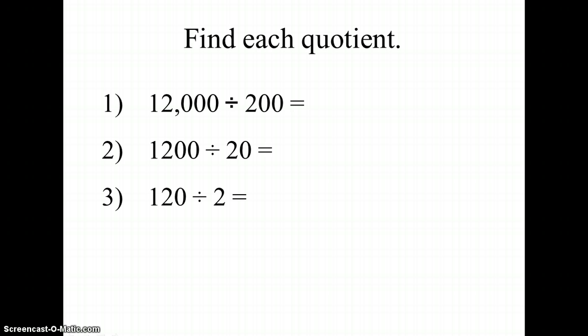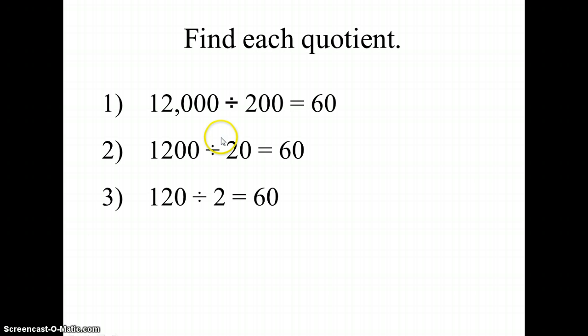Try these problems in your calculator. Looking at each of these quotients, you'll notice you get 60 each time. It seems strange that we would get the same quotient for 3 different problems that look very different.